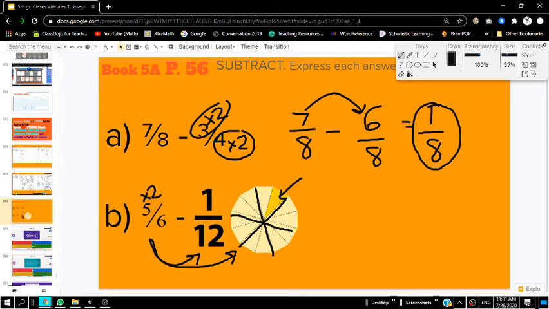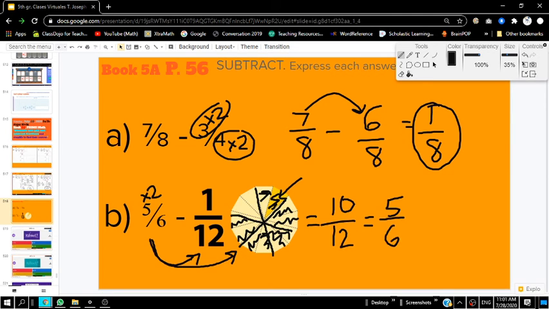Okay, so 5/6 then would equal 10/12. So I could color in 1, 2, 3, 4, 5, 6, 7, 8, 9, 10. Okay, this now equals 10/12, which is the same as 5/6.